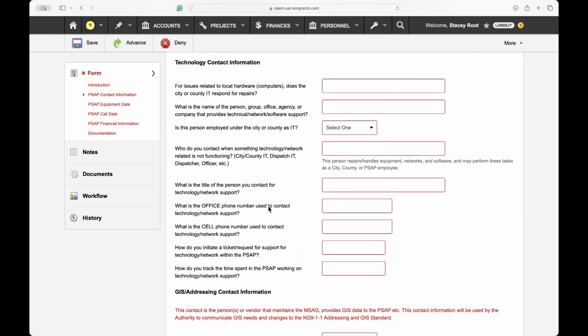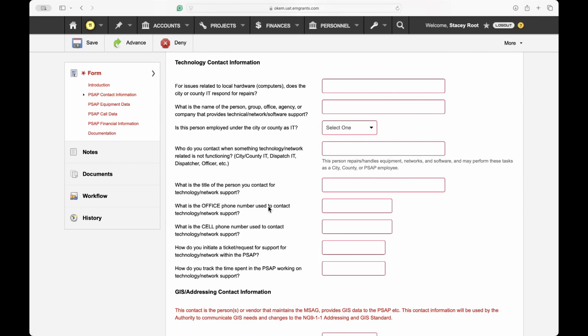Ken, you had your hand up. Yeah, I do. So is this for 911 contact or is it for other IT related issues like CAD, because those are two separate worlds. Correct, that's a good question.